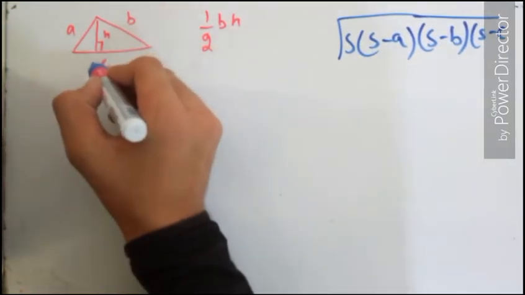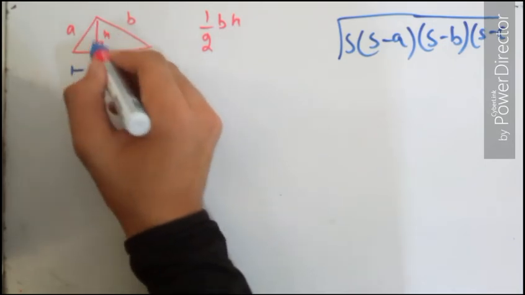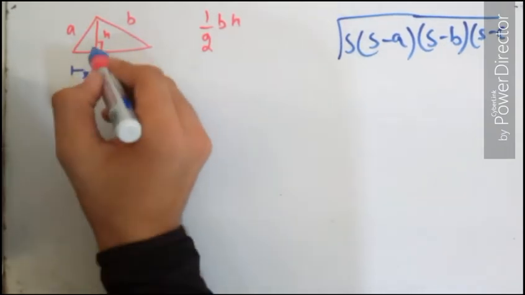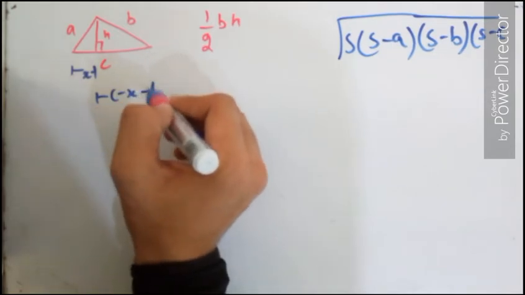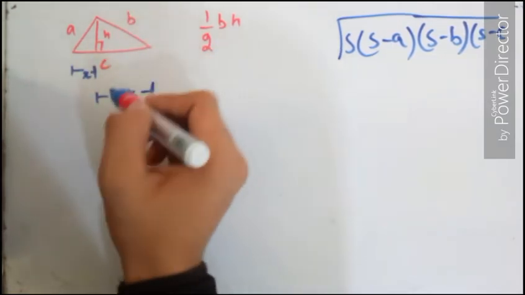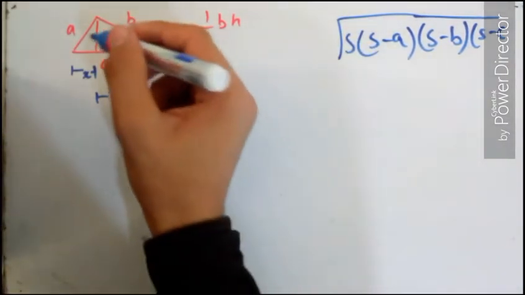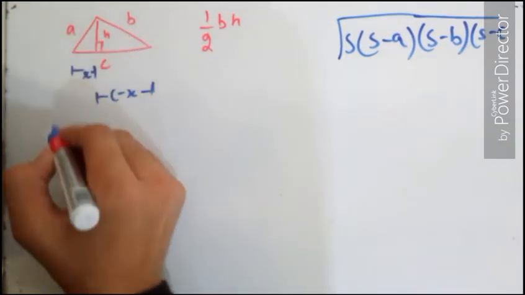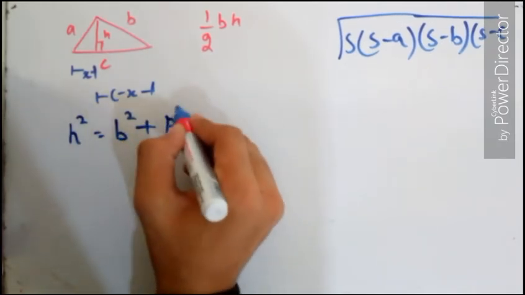Let's say that the perpendicular distance, this height, is h, and the distance from the foot of the perpendicular is x. So this distance would be c minus x, since the whole base is c. By using the Pythagoras theorem, hypotenuse squared is equal to base squared plus perpendicular squared.